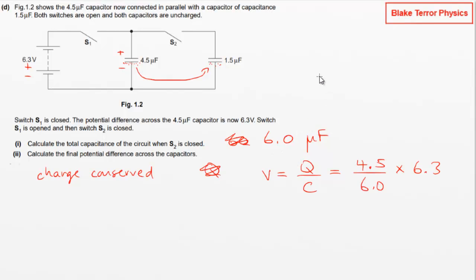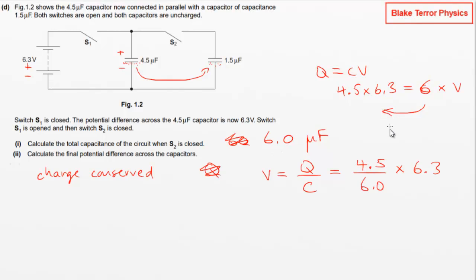Q is equal to CV, so our first capacitance, 4.5 multiplied by 6.3, is equal to our new capacitance, 6, multiplied by our new voltage.